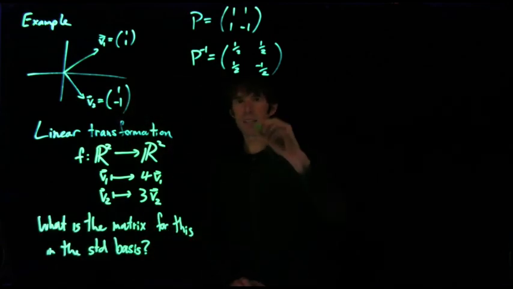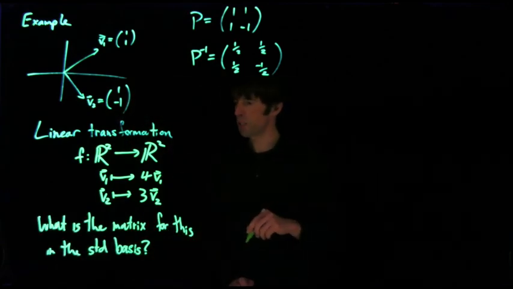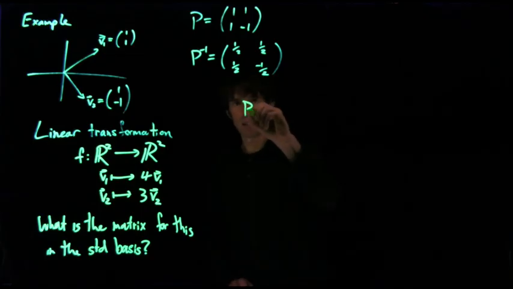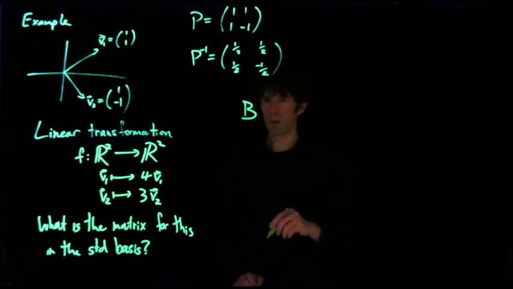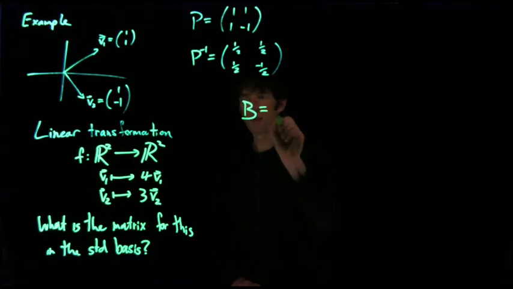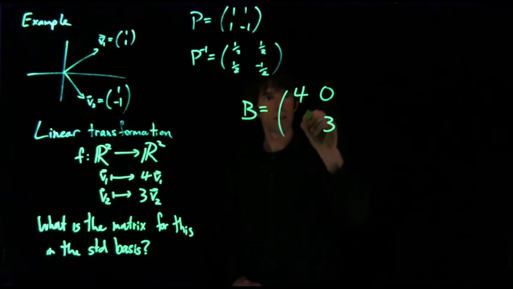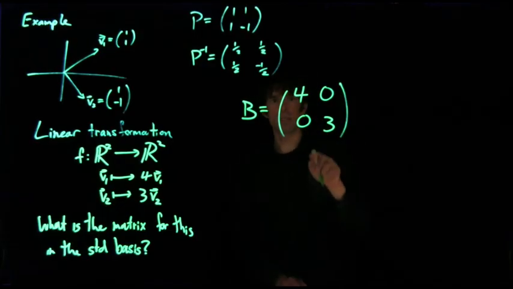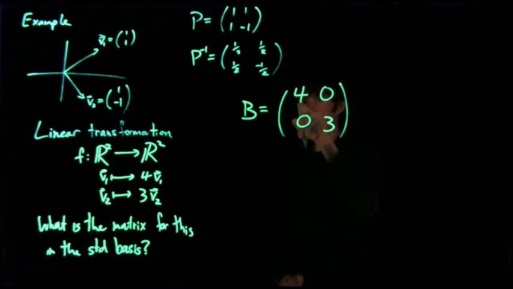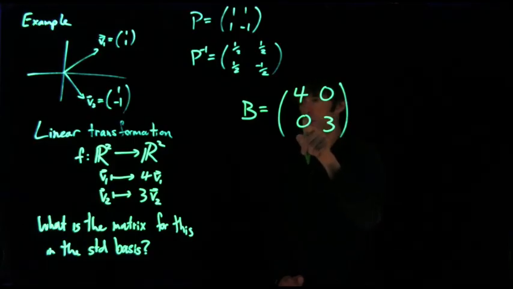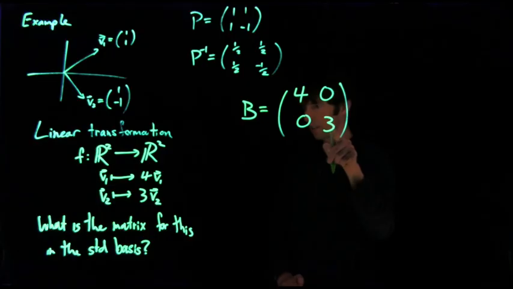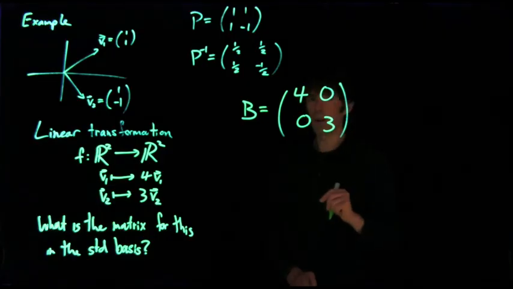Well, the way I've defined this, representing the input and the output in the v basis, that was the second case that we just worked out. So our matrix B is going to be [[4, 0], [0, 3]]. This says it scales the first v basis vector by a factor of 4 and adds no amount of v2 to it, and it scales the second basis vector v2 by a factor of 3 and adds no amount of v1 to it.